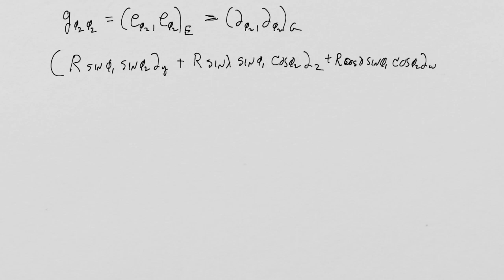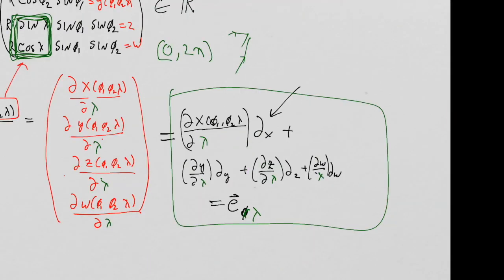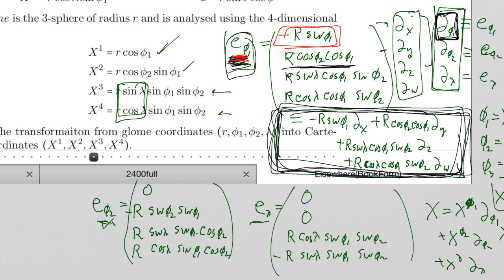Because the partial x term was 0. Then I put a comma there. Make sure I got that right. I'm looking here, sine, cosine, sine phi, psi phi. And there's a negative sign that gets introduced up here.